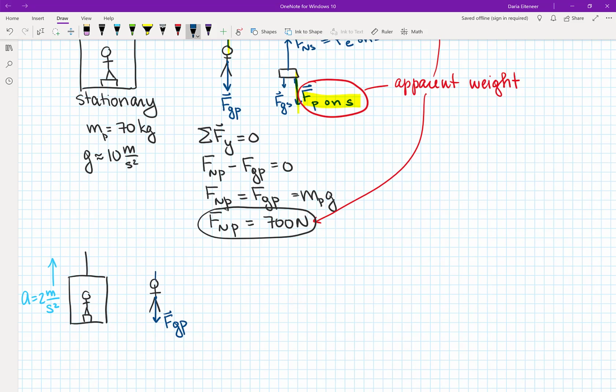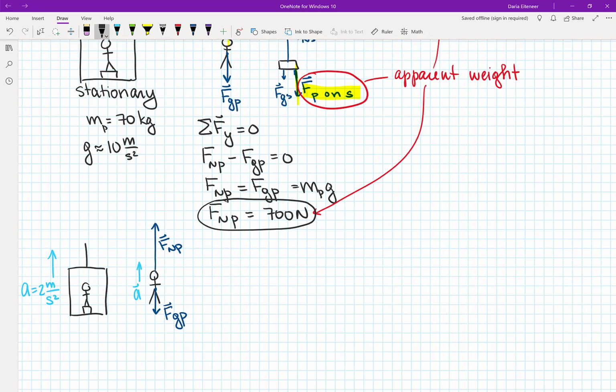What changes is the upward force, right? Because now we have this upward acceleration. That means that the upward force has to be enough to overcome the downward force and to provide the upward acceleration for the person.